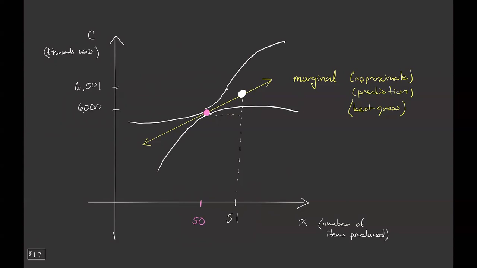So notice the one that's on the marginal tangent line, if you will, notice that it can be kind of far away from what these actual curves would look like. So it's just an approximation.